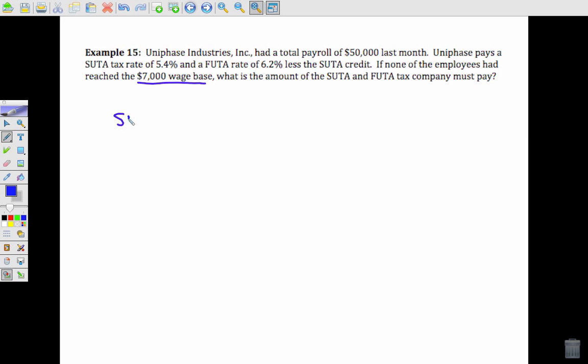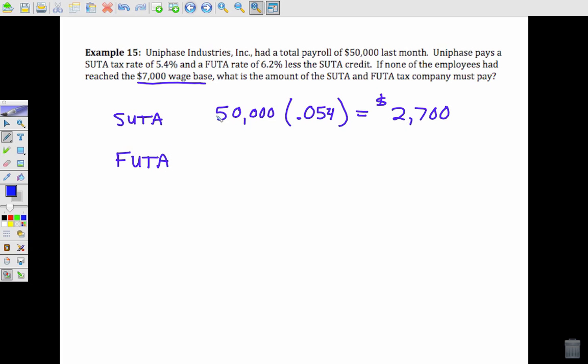All right, well, we established earlier that for SUTA, this is the state, you're going to take your payroll of $50,000 and multiply it by the rate of 5.4%, so 0.054, and that gives us $2,700. Now the way the FUTA works is it's the less tax rate. So it's the difference between the 6.2% and the 5.4%.